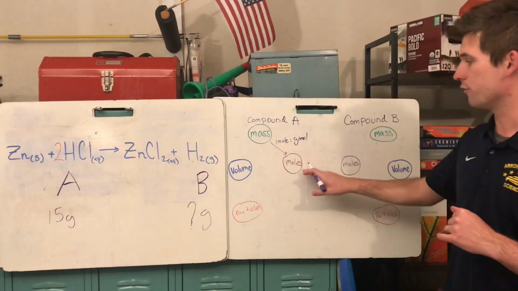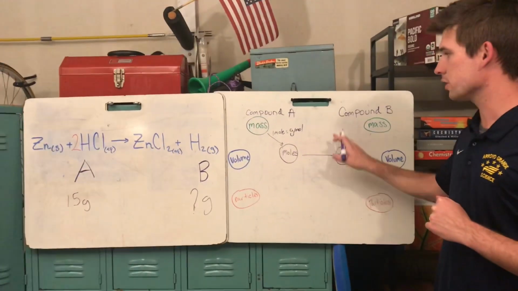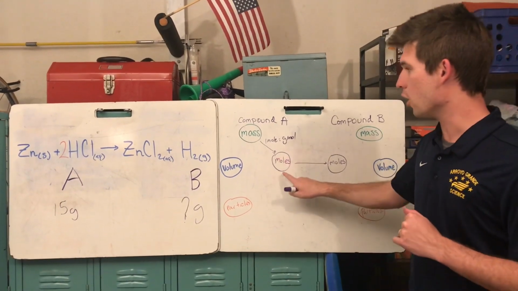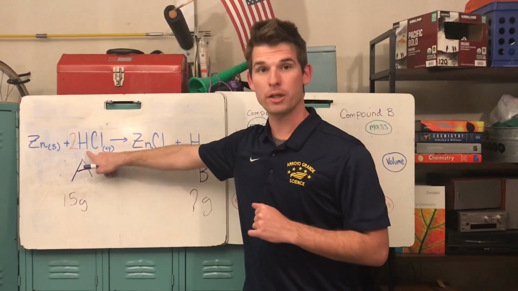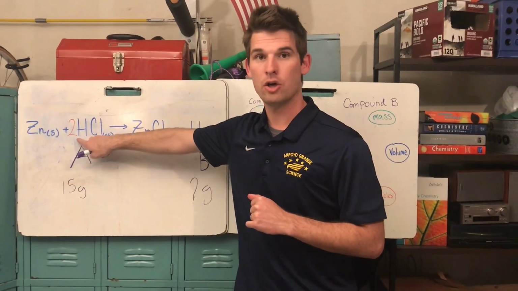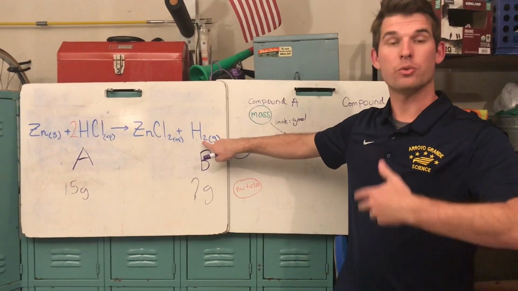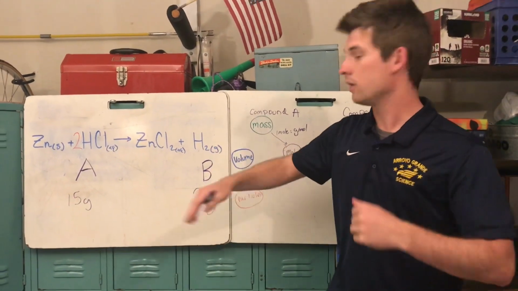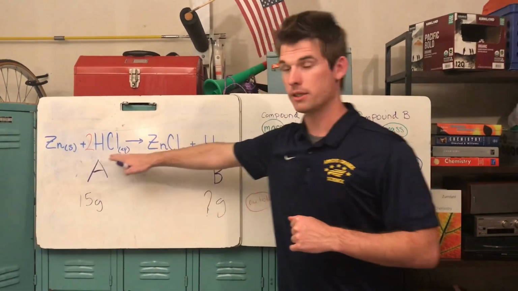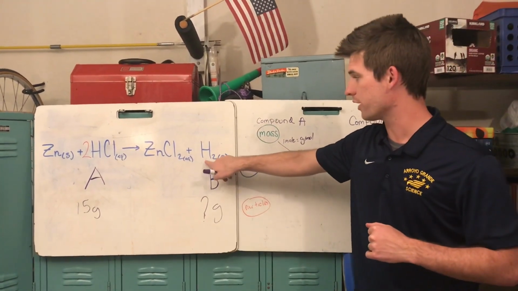Then we need to convert the moles of hydrochloric acid to the moles of hydrogen gas. And here's how we do that. We know that from our formula, 2 molecules of hydrochloric acid react and form 1 molecule of hydrogen gas. So we can extrapolate that 2 moles of hydrochloric acid react and form 1 mole of hydrogen gas.